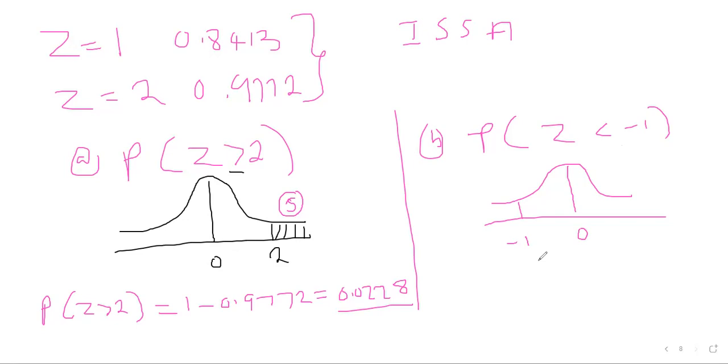You said z is less than, so on the left side. Correct. Is the shading small or big? Small. So are we going to subtract? Subtract. Also going to subtract from 1. What was the reading for z for 1?